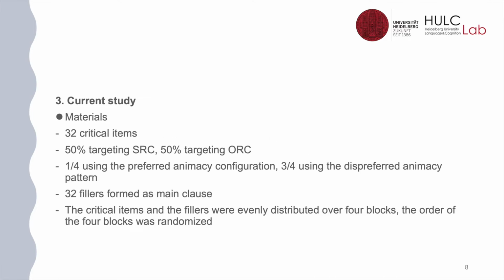The production experiments in Chinese and German used the same materials, differing only in language. There were 32 critical items, 50% targeting SRC, 50% targeting ORC. Across RC conditions, 1/4 of the materials used the preferred animacy pattern. The other 3/4 used the dispreferred pattern.